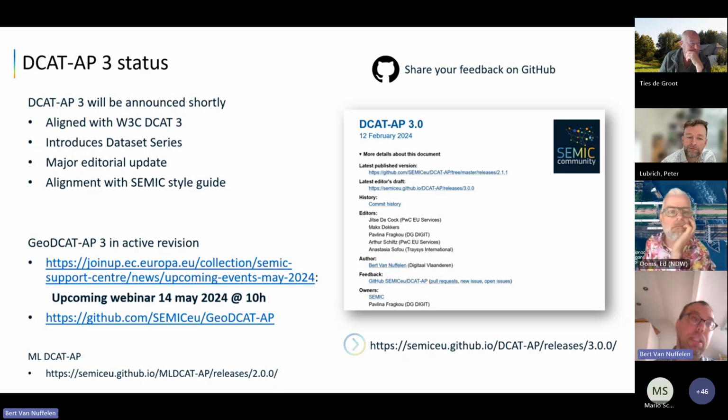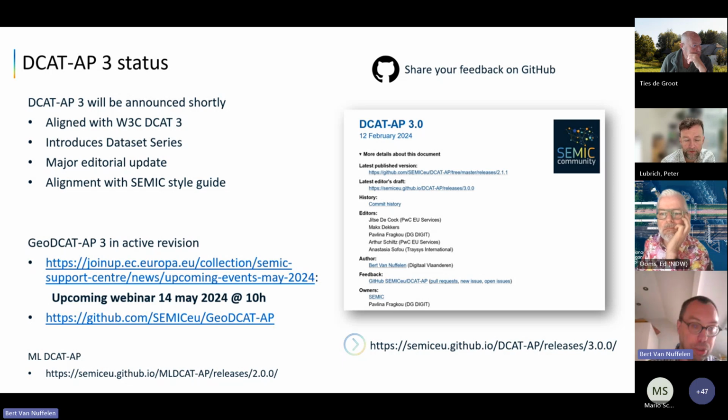Today, we are working on the geospatial data. So with the community, there have been already 3 webinars up there, and there's an upcoming webinar next week at 10 o'clock. And that's where we are revising GeoDCAT-AP 2 to GeoDCAT-AP 3 to be aligned with DCAT-AP 3.